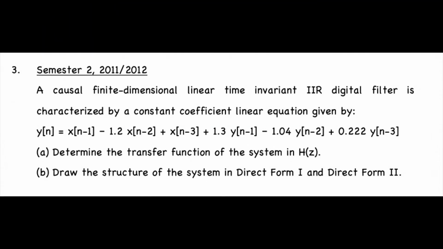For the next question, you need to draw the structure of the system in direct form 1 and direct form 2, based on the determined transfer function H(z). First, we are going to sketch direct form 1.